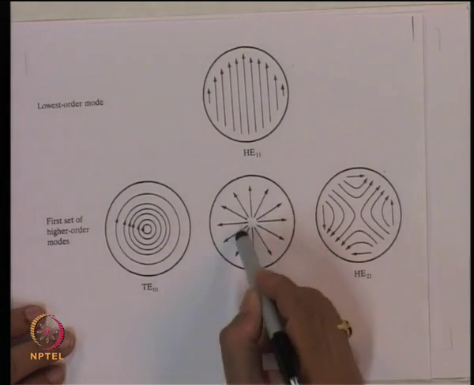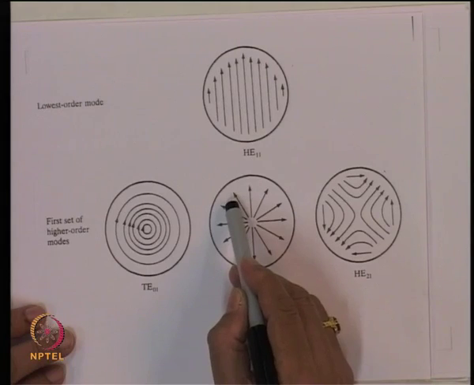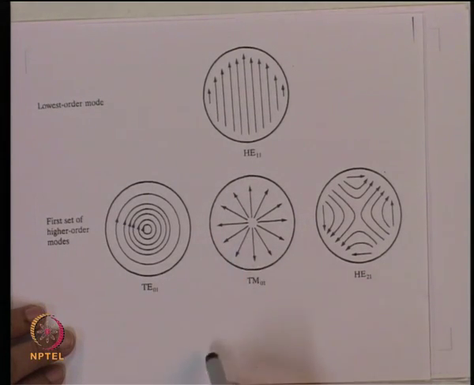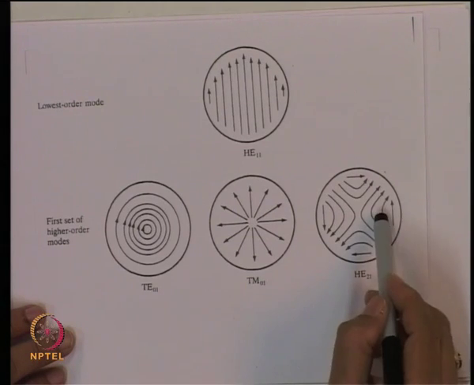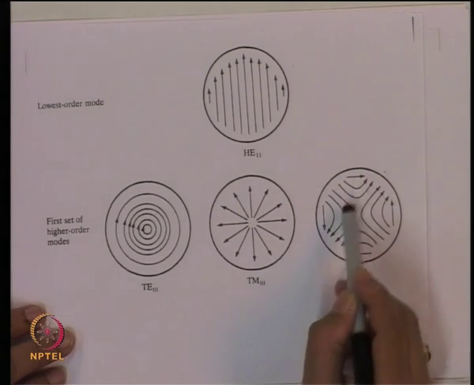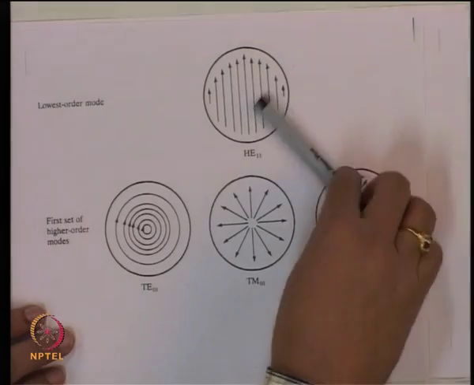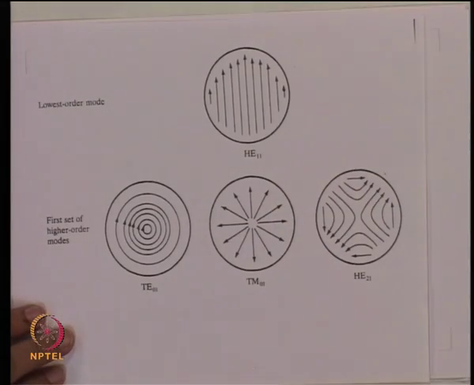If I consider a point here, the field will be oriented this way. If I consider a point here, the field will be oriented this way, and so on. So, if I look at the cross sectional plane, the field direction is different at different locations in the cross sectional plane.